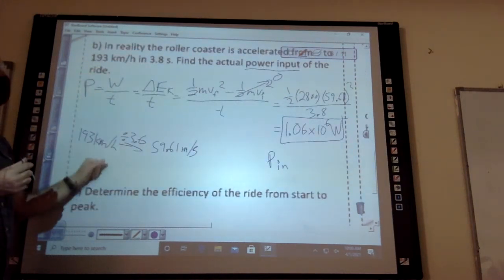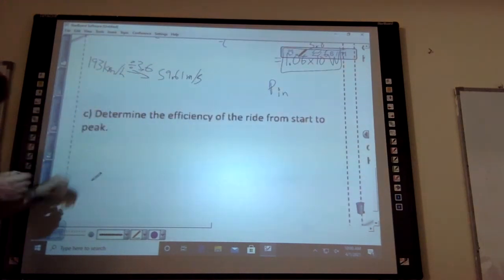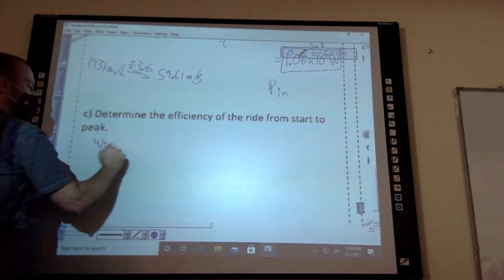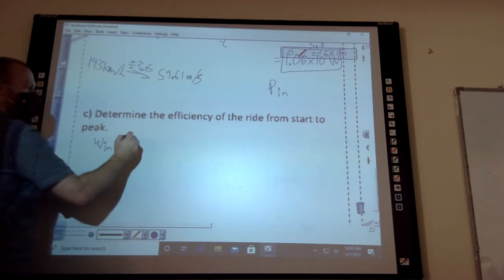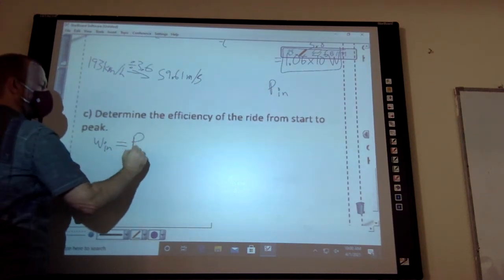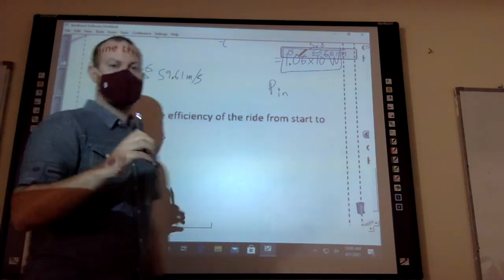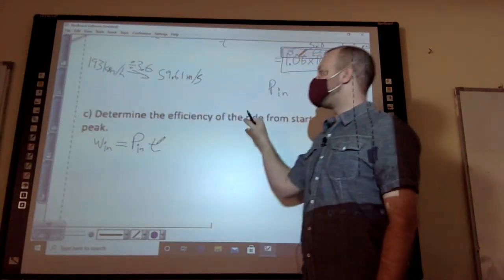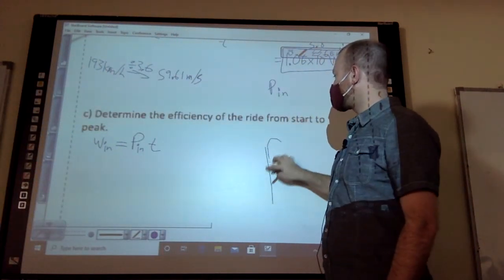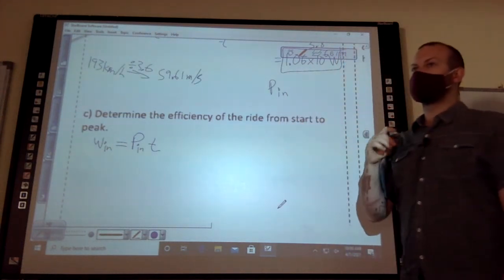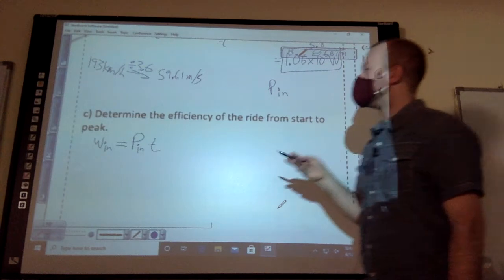So I have to convert power in into work in using the equation. So work in. You just said we don't have time. We have time. Yes, the 3.8 is the time it takes to apply this power. So I can just use this one.